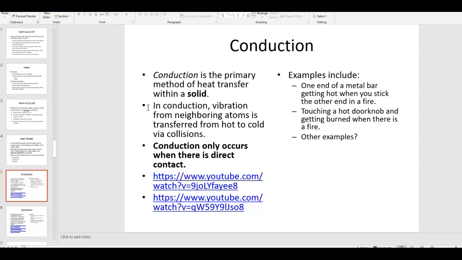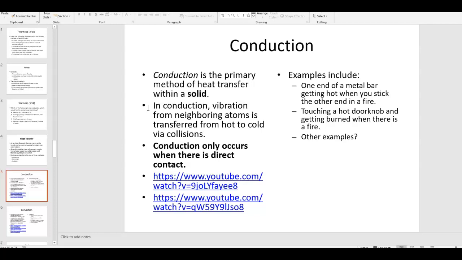Now, the reason you only have conduction with a solid or with direct contact is because the whole purpose of transferring heat by conduction is that it involves the atoms colliding with each other. And that can obviously only happen if the atoms are pretty close to each other, which is why you typically see conduction with solids and with direct contact.